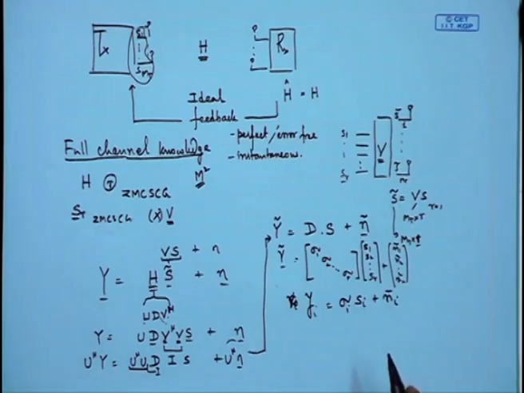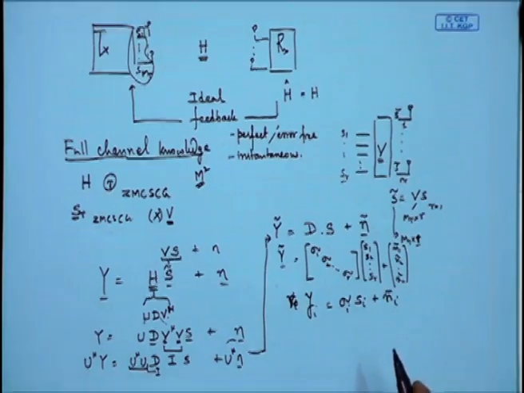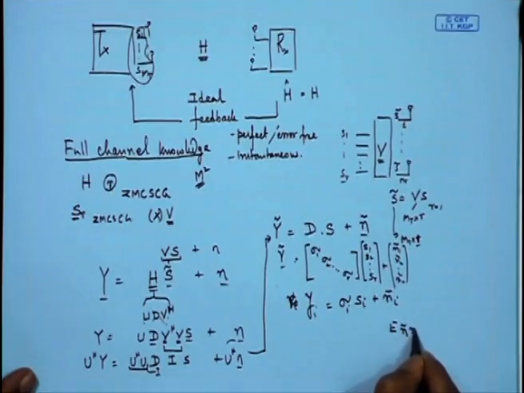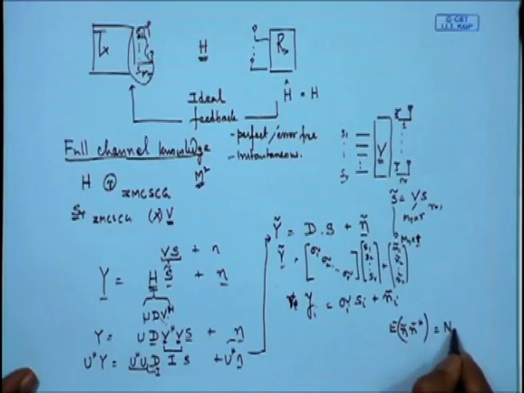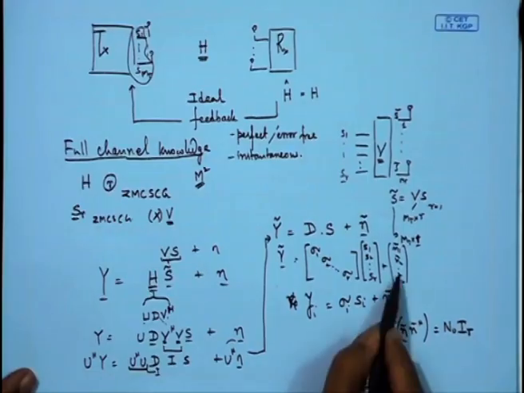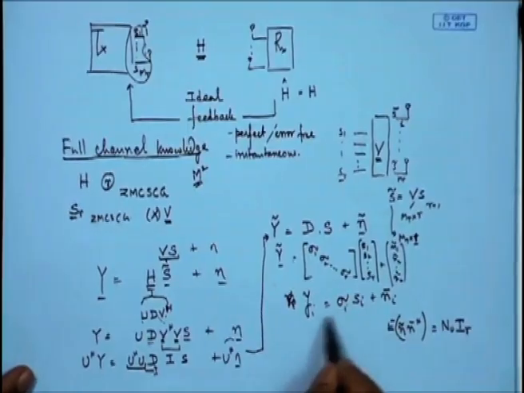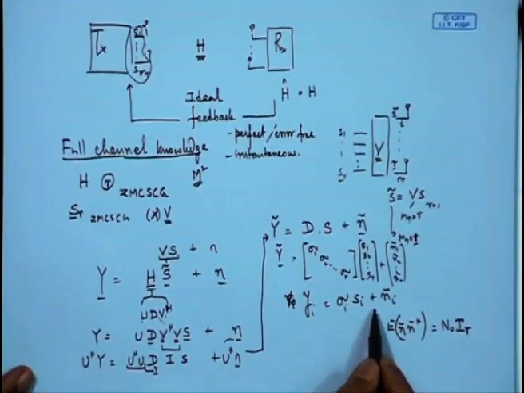This is what we are going to receive, and of course E of N tilde N tilde Hermitian is going to be N naught times the identity matrix of size R. This is the received expression.